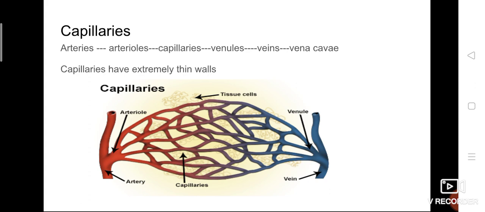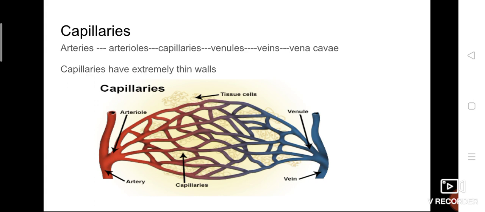So to prevent the backflow of the deoxygenated blood to the cells, valves are present only in the veins, so that the mixing of oxygenated and deoxygenated blood should not take place. Capillaries are the blood vessels where the exchange of gases, nutrients, and excretory products takes place.